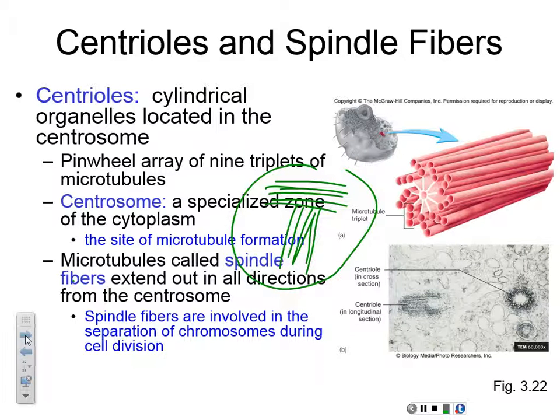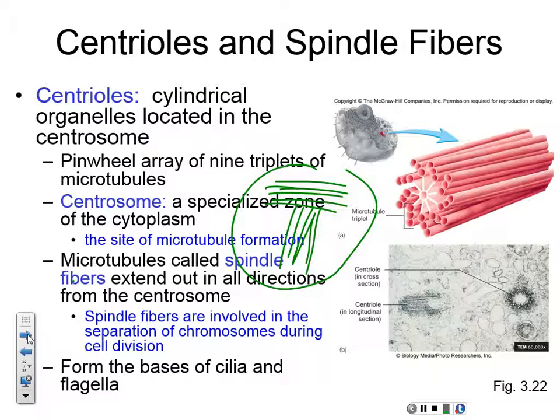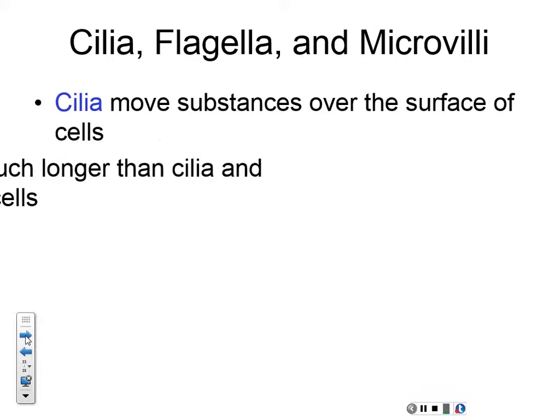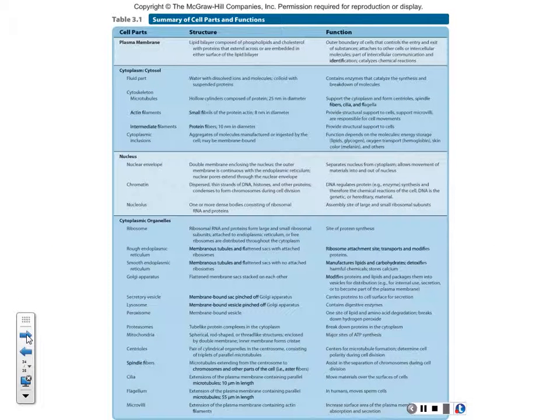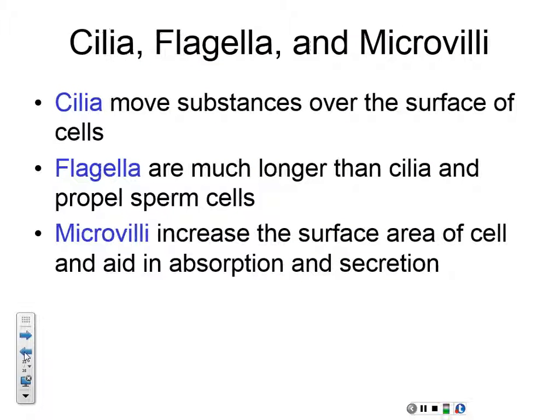Right? So very important. And also these ones form the basis of flagella in the cell, the cilia that we saw in that cell. Alright? For movement of cells or movement of substances on top of cells. Alright? And then quickly, microvilli, I think even in this class there was a problem between what's the difference, in terms of function, between cilia and microvilli?